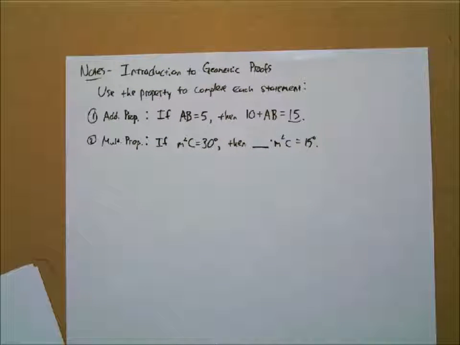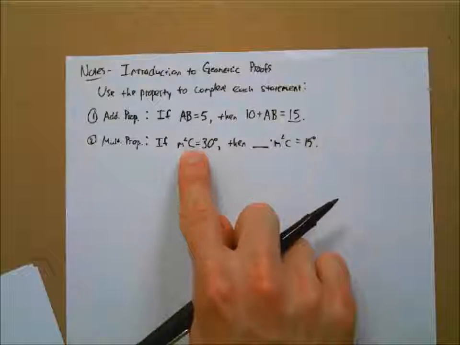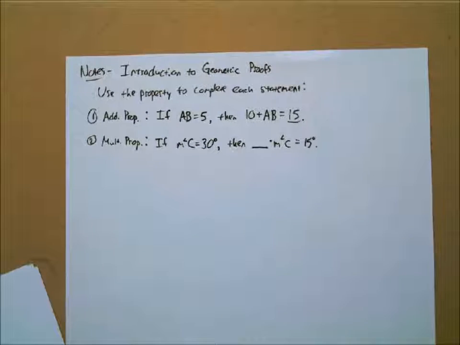So we start with this equation: the measure of angle C is 30 degrees. If that's true, then what times the measure of angle C will give us 15 degrees?